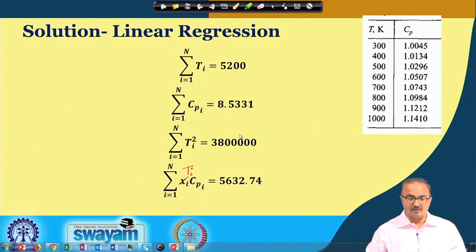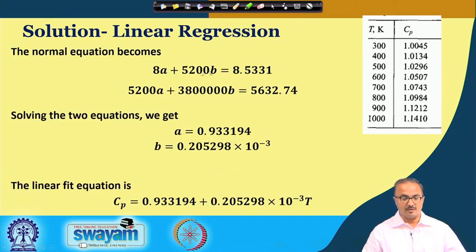After obtaining all these, we put them in the expressions we found earlier, and from these two equations we solve for A and B, and these are the values of A and B. So, we find that the linear expression which is fitting the specific heat with the temperature comes out to be like this.